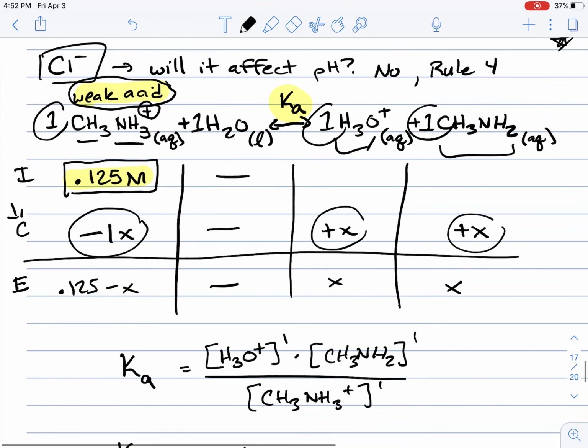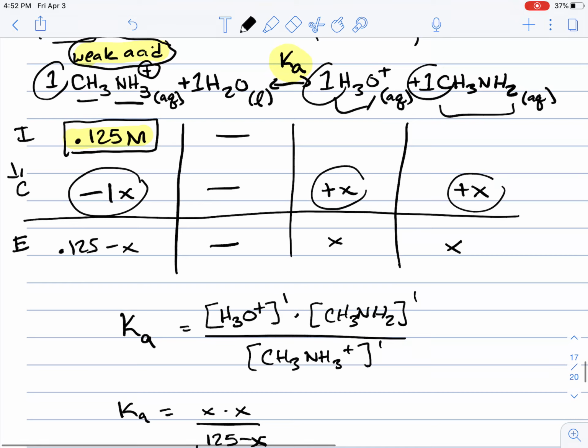Looking at this equation, we can determine the concentration of H plus by looking at the hydronium. The hydronium, if you recall from the past video, is equivalent to a proton, and that's defined by x.